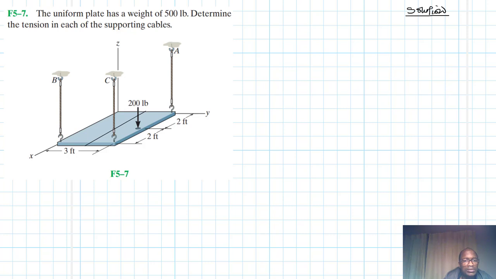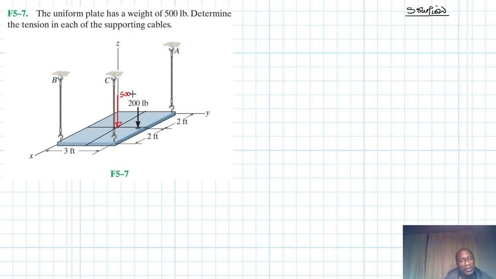So let's draw these lines midway on both sides, like so. Most likely it is going to be somewhere there. Let me use red so that it's distinct. So this is where we are going to have our 500 pounds.